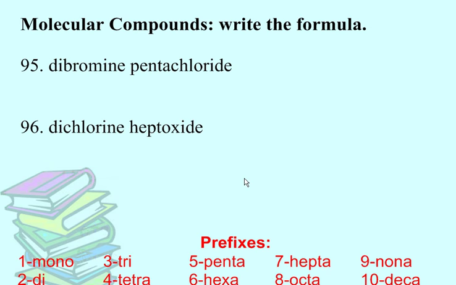Okay, molecular compounds, writing the formula. So now we're doing this in reverse. Well, this is very simple to do because the subscripts that I'm going to write are going to be based on these prefixes. So I have dibromine pentachloride, which just means I have 2 bromines, and pent is the prefix for 5, so I have 5 chlorines.